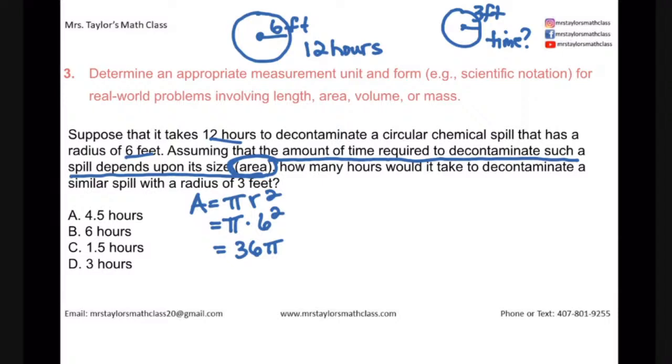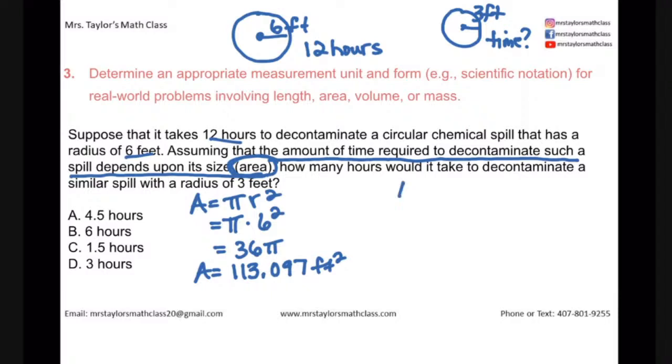So let's see here. What is 36 pi? 36 times pi. Where are you, pi? There you are. And so the first area would be 113.097, and of course, that's going to be square feet.